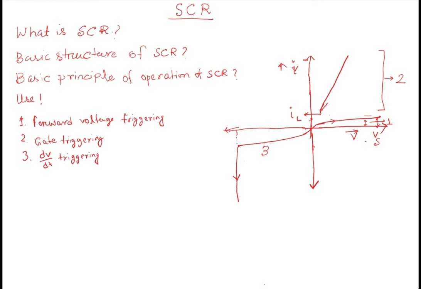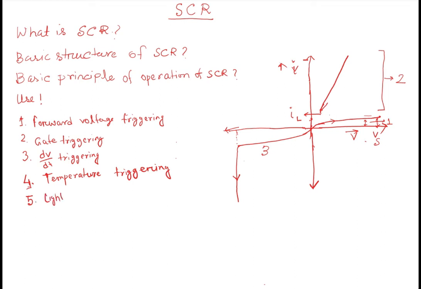This is where the rate of change of voltage should be high, like a ramp voltage. Fourth is temperature triggering. So we have to heat those terminals which are in reverse junction so that avalanche breakdown occurs.